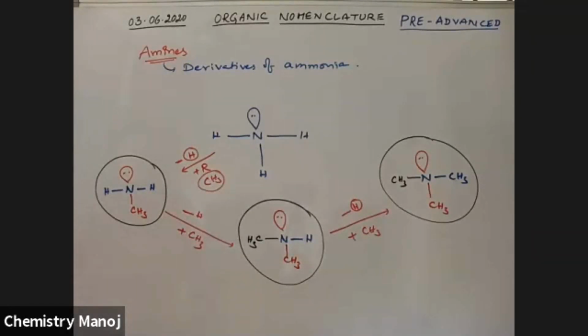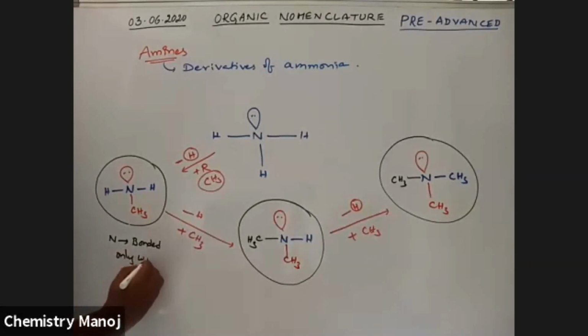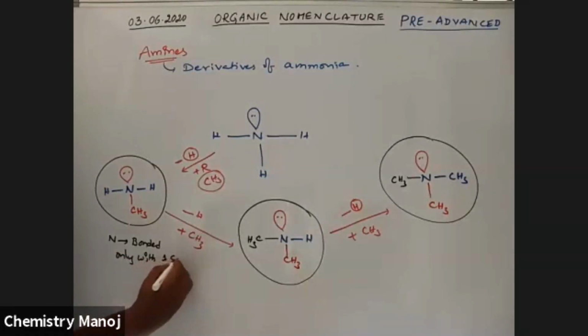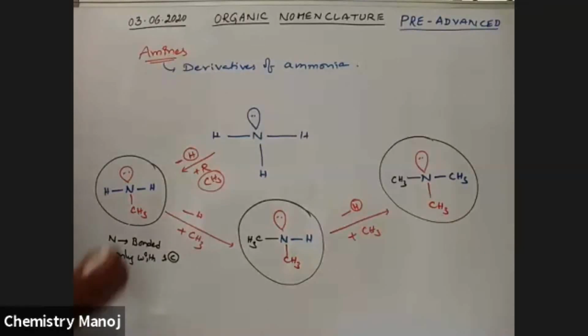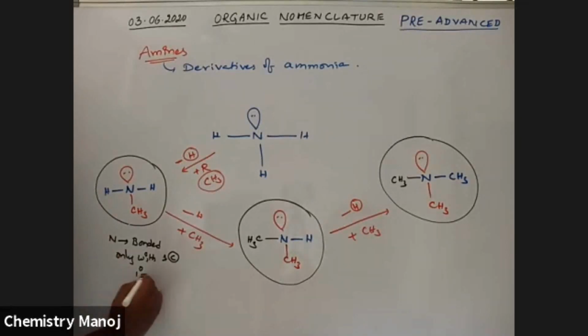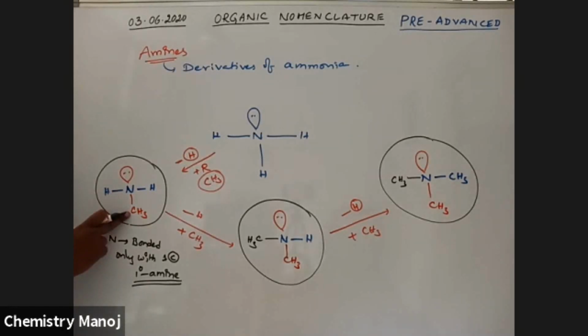So see here, if nitrogen is bonded with only one carbon, this compound is called a primary amine. Please listen carefully, very, very important. Nitrogen is bonded with one carbon only.